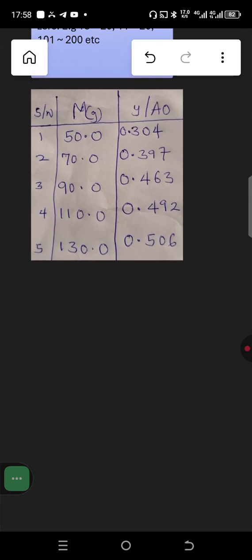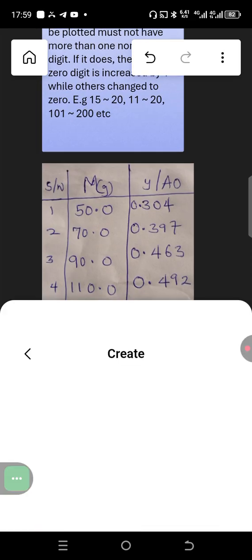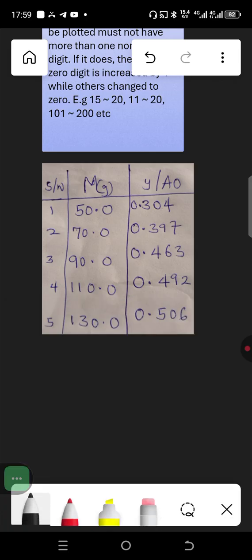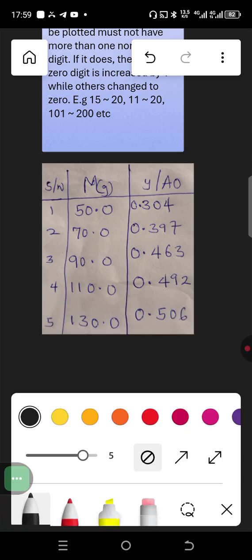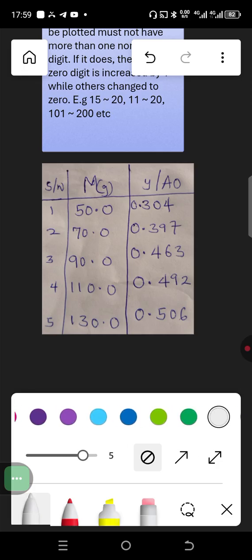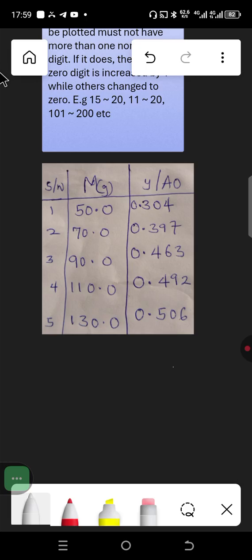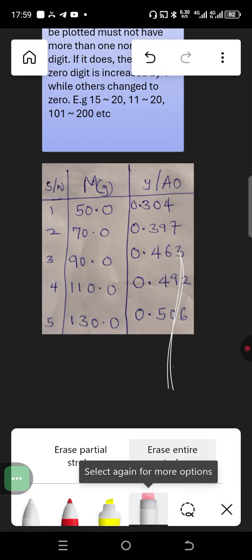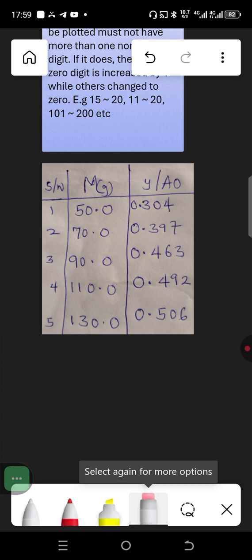Now we are supposed to plot a graph. In this particular case, we are to plot a graph of mass against Y. So let me remove this thing that I have on the screen.